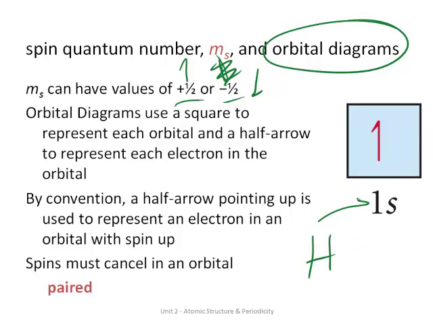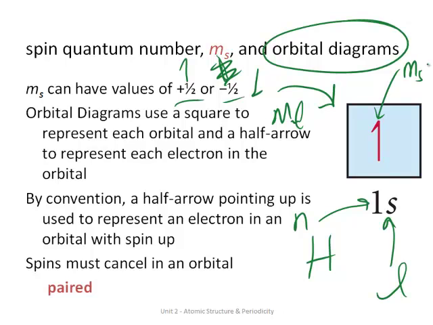We can see the n number here, 1, the l value as s. For each m sub l value, we're going to draw a box, and then of course the m sub s value we will draw as the up or down half arrows. Now, we already know that 2 electrons can fit in an orbital, and if we are going to place 2 electrons in the same orbital, the spins must cancel, or they must be paired.